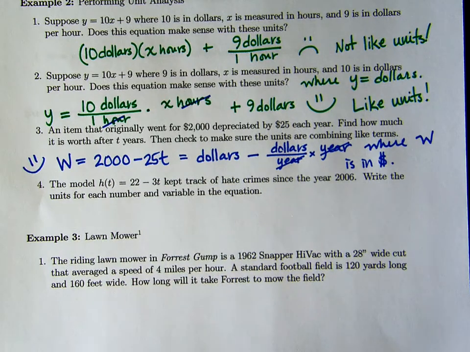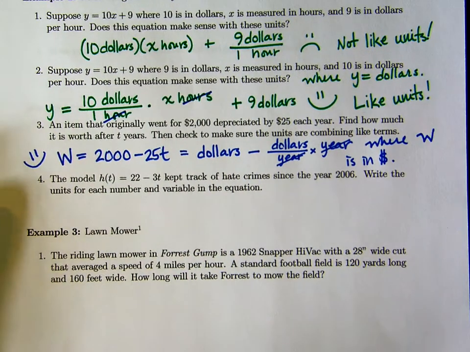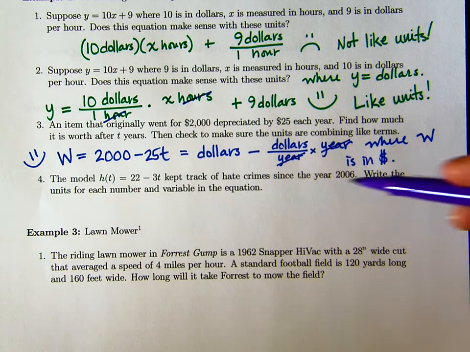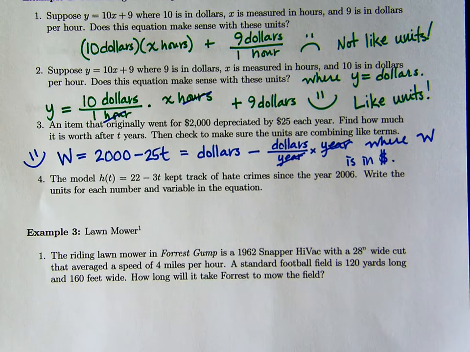The model H of T equals 22 minus 3T kept track of hate crimes since the year 2006. Okay. I have no idea what's happening right now because of the pandemic, total chaos. So I can't even say what's going on with this.